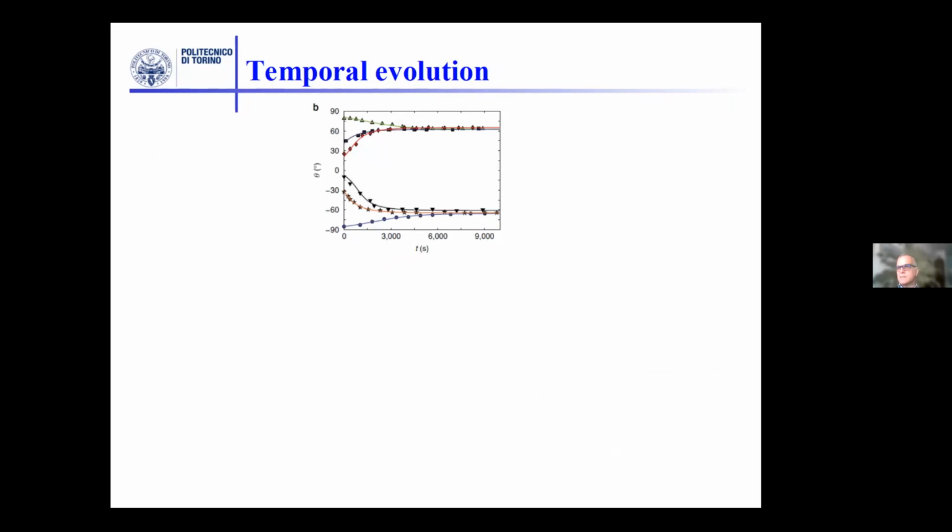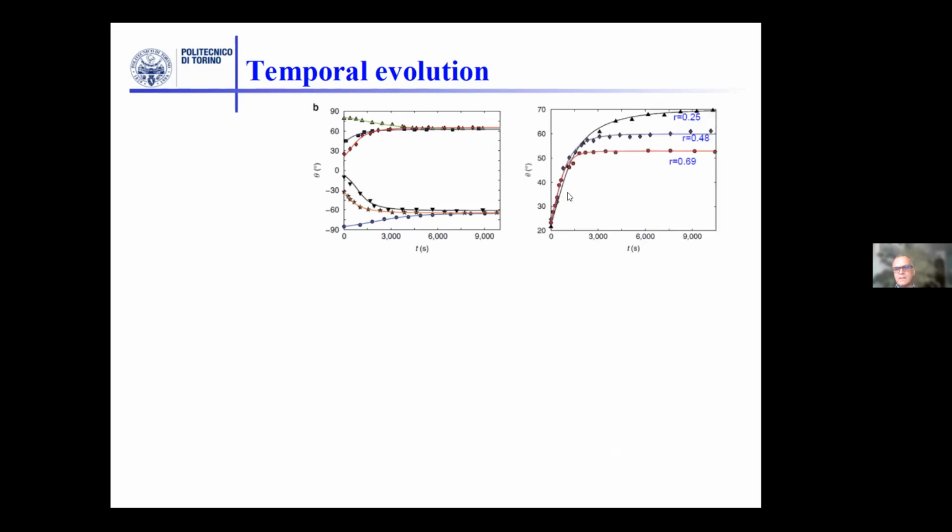What about the temporal evolution? There are some data on how the cells orient in time to go toward the equilibrium values. This is still found in the paper by Leibniz. You have different cells, in this case 6 cells, that start from different initial orientations, and they all go towards, say, minus 60 something and plus 60 something.